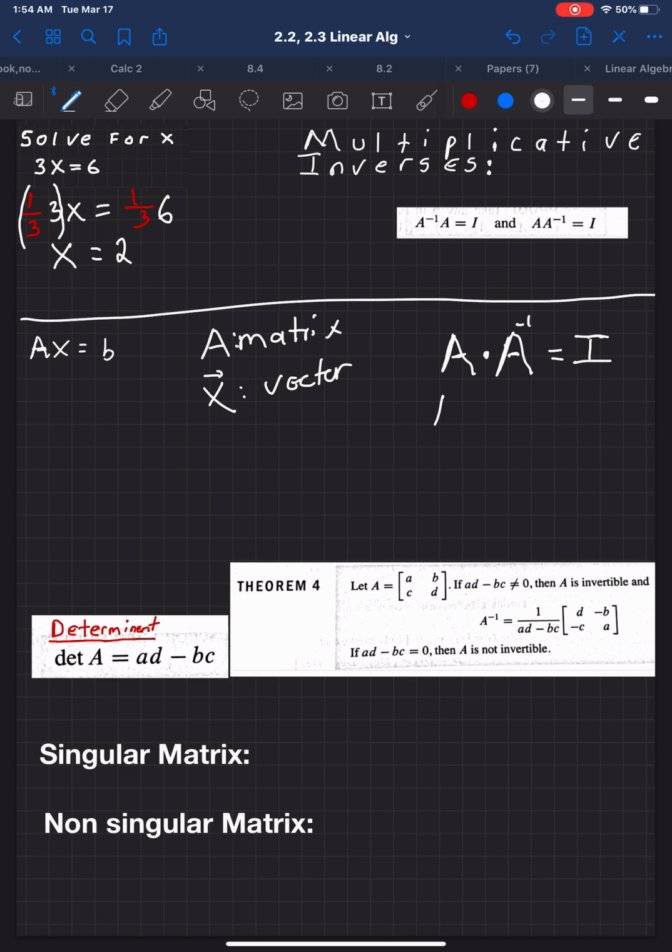Likewise, the order in which we perform the multiplication should not matter: 1/3 times 3 is 1, or 3 times 1/3 is 1.